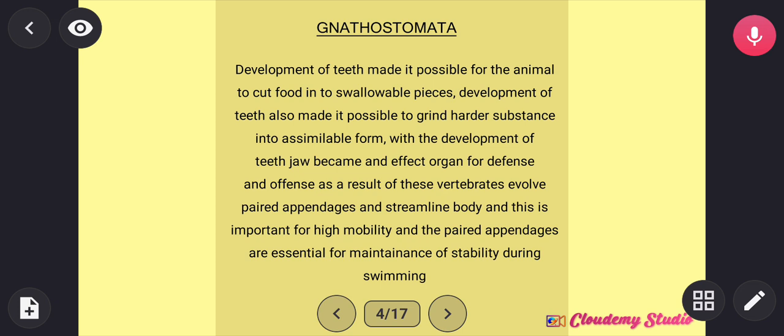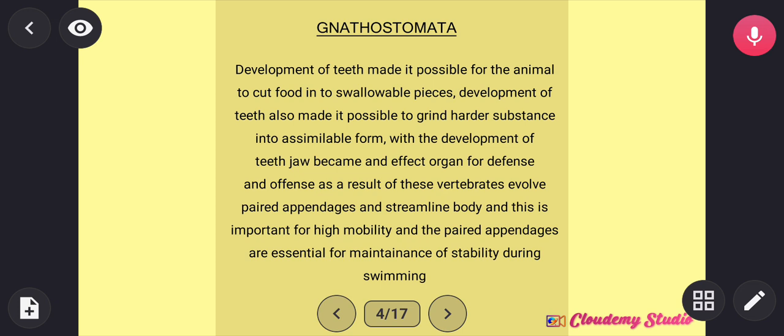And apart from that, because they are predators, they have to develop a particular property that will make them chase after their prey, or run away from their predator as well, because we have prey and we have predator under the gnathostomes, which we'll be talking about.